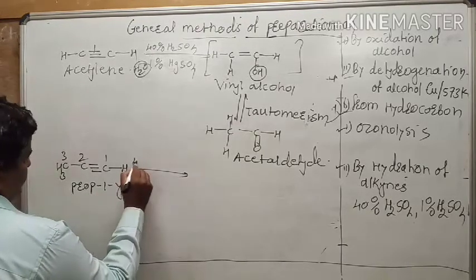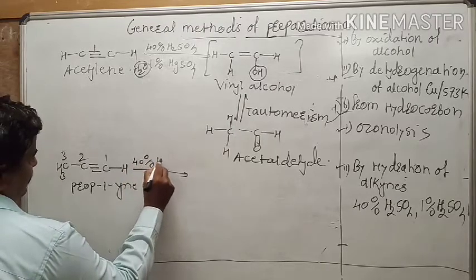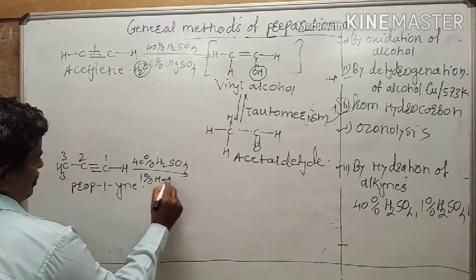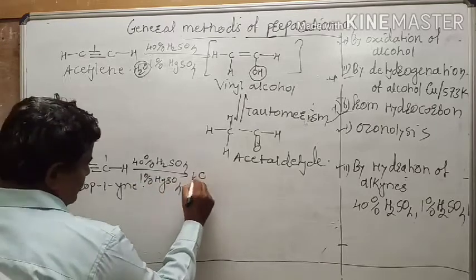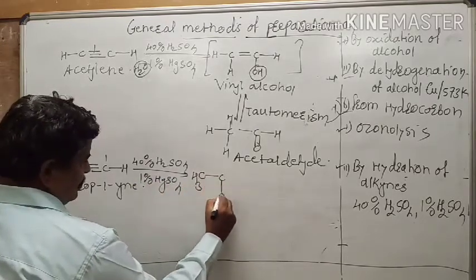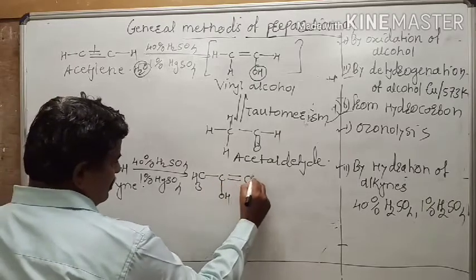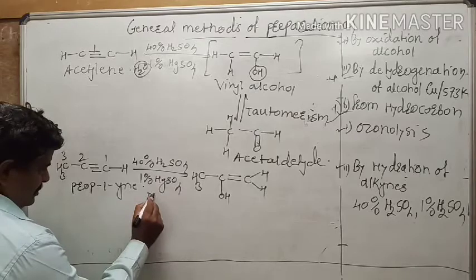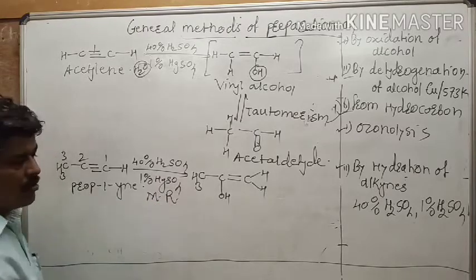Then when it is treated with 40% H2SO4 and 1% HgSO4, you will get CH3C(OH)=CH2. Here this reaction takes place according to Markovnikov's rule.